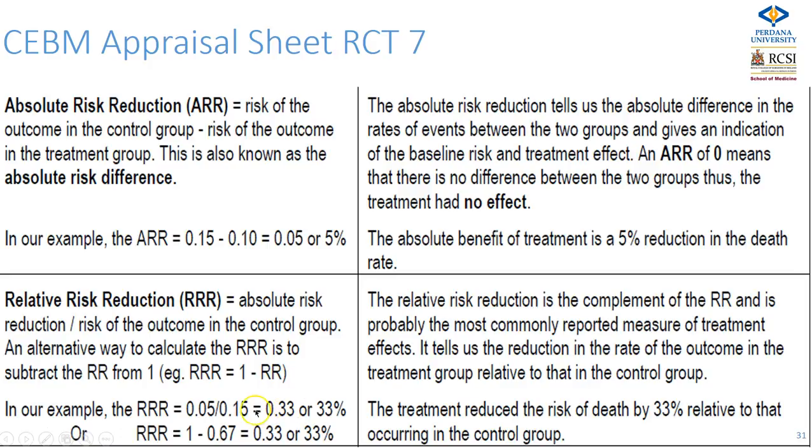So in this example, it would be 1 minus the risk ratio, which is 0.67, and that would turn out to be 33%. So the treatment that reduced the mortality absolutely by 5% can also be expressed as having reduced it by 33% relative to that occurring in the control group.